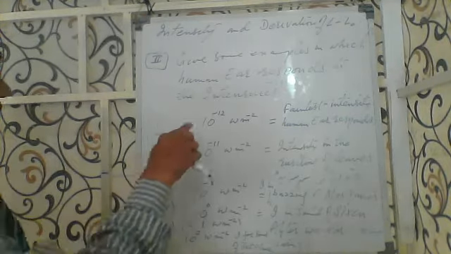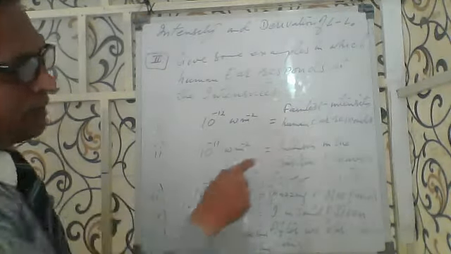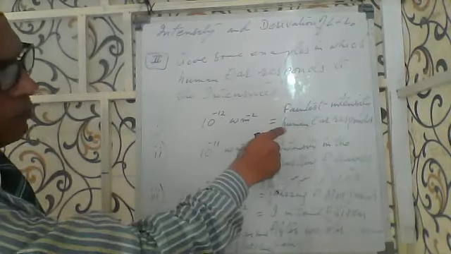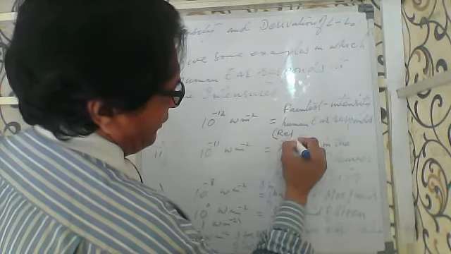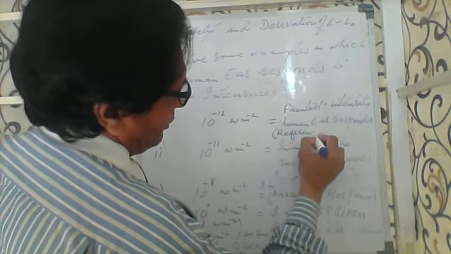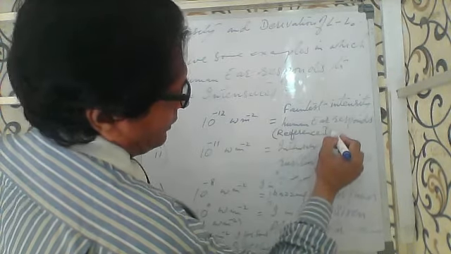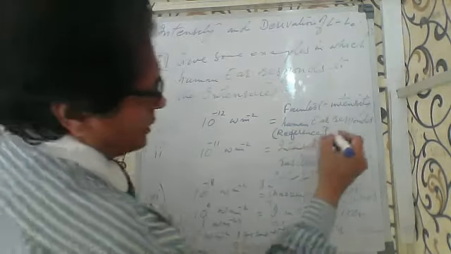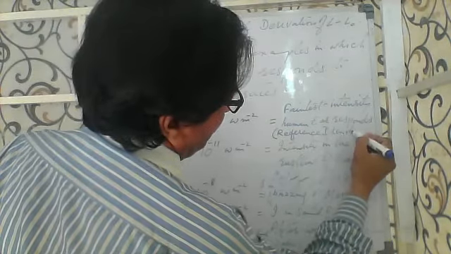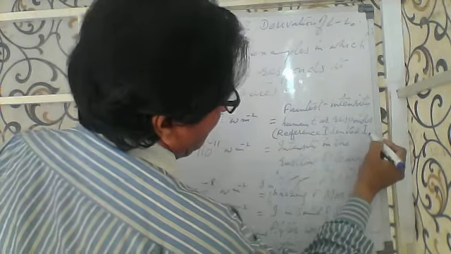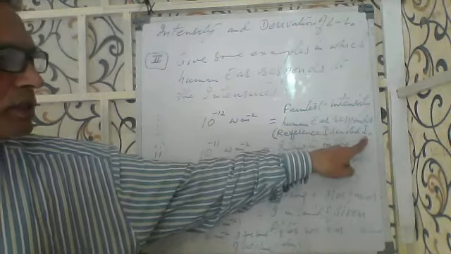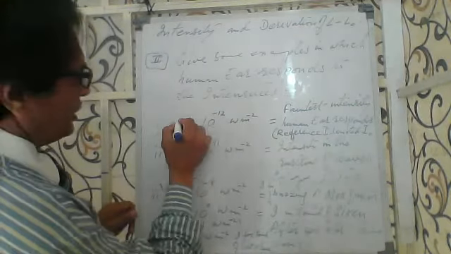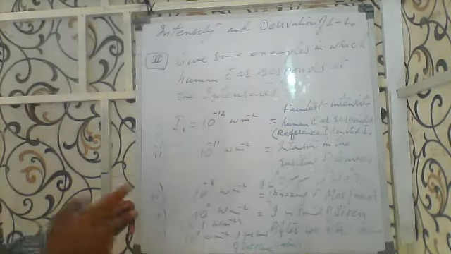And this is the starting level, the faintest intensity to which the human ear responds, and usually it is given the name reference intensity, and reference intensity is denoted by I naught. What is I naught? We can write I naught is equal to 10 raised to power minus 12.